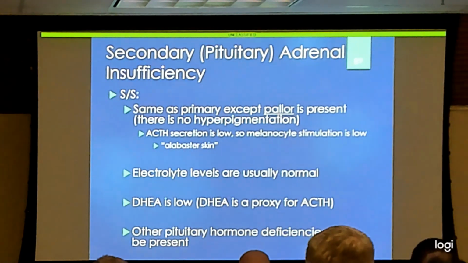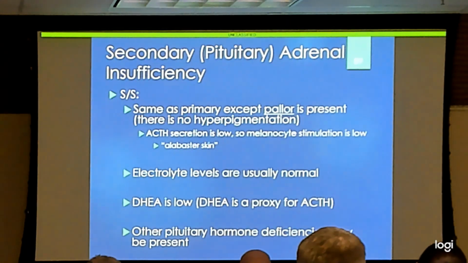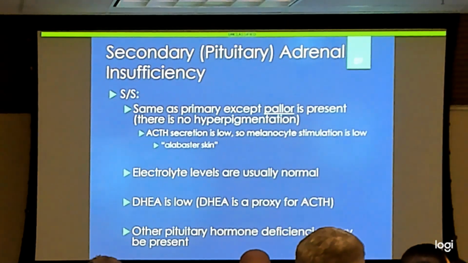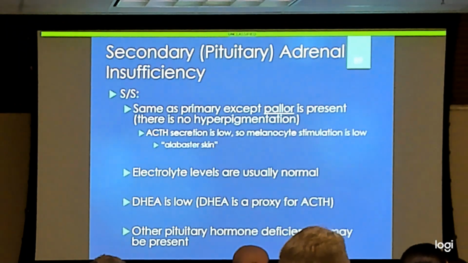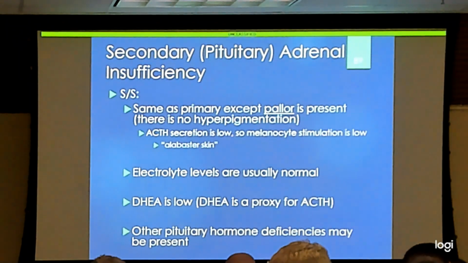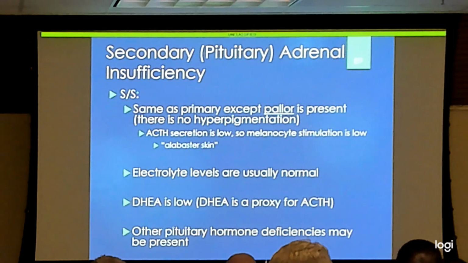Some of the other things. What are some of the labs we talked about if I have primary adrenal insufficiency? Hyperkalemia, that's a big one that we'll have in that case. In secondary adrenal insufficiency, your electrolyte levels are normal. They're able to function normally.